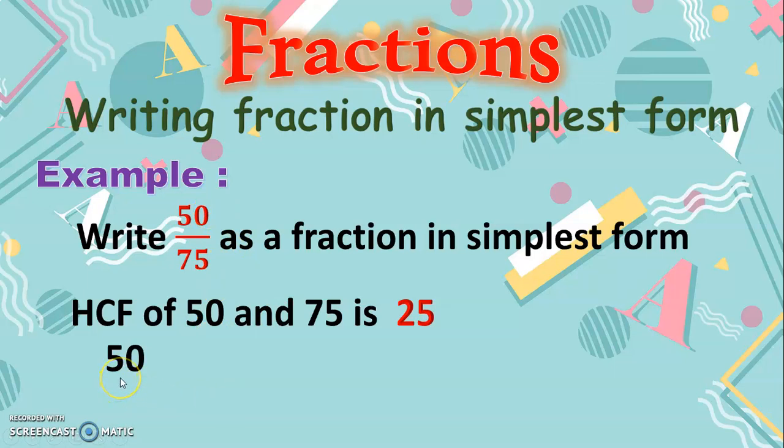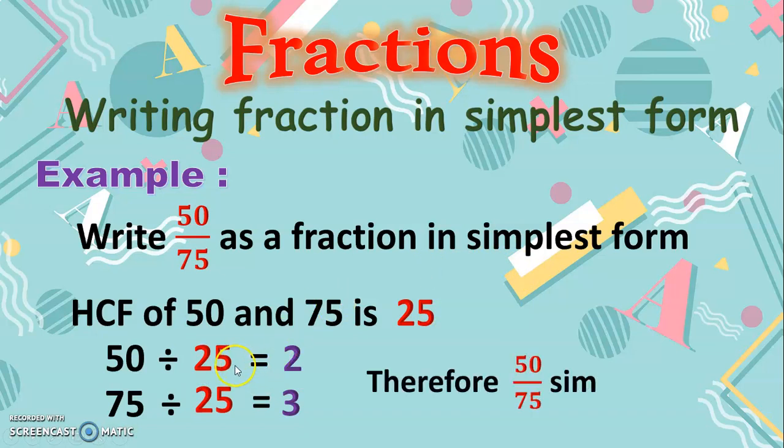Let us start with the numerator. 50 divided by 25 is equal to 2. Next, divide the denominator. 75 divided by 25 is equal to 3. In other words, the simplest form of 50 over 75 is 2 over 3.